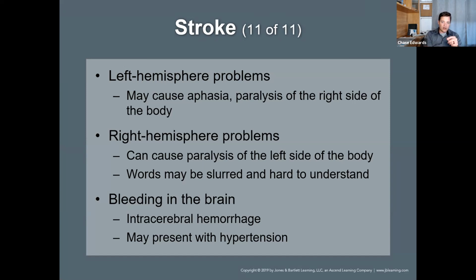High blood pressure in stroke patients should not be treated in the field. Okay? Monitoring the blood pressure and watching for a trend of increasing blood pressure is important, though. Substantial decrease in blood pressure may also occur as the patient's condition worsens.